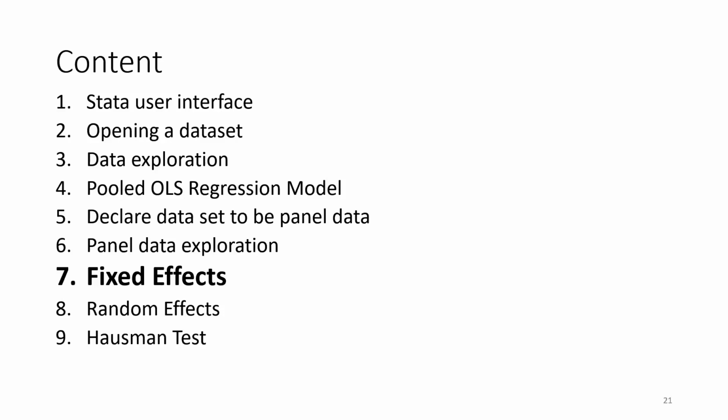Now what we want to do, using the data set that we have been using up to now, is to estimate it using panel estimation techniques. And the first thing we're going to do is use a fixed effects model.